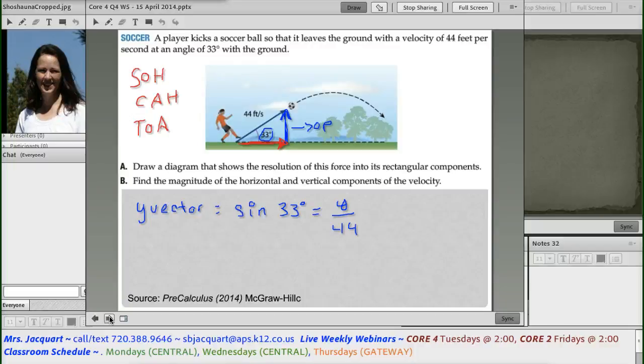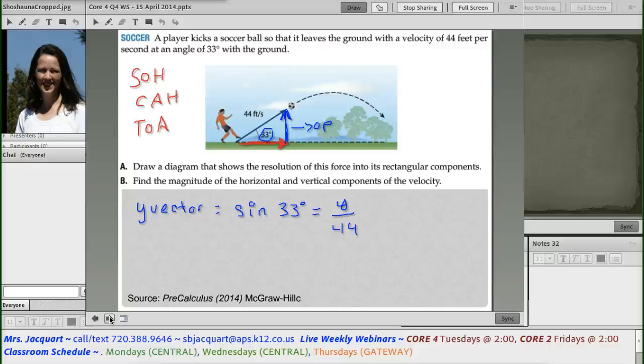So use a super cool calculator to find it out. So y vector is going to be 44 times sine 33. Whoops. Make sure your calculator's in degrees. Changes your answers. 44 times sine 33.